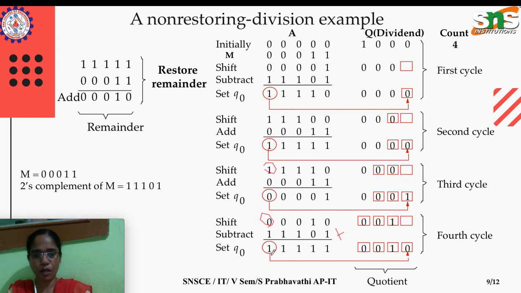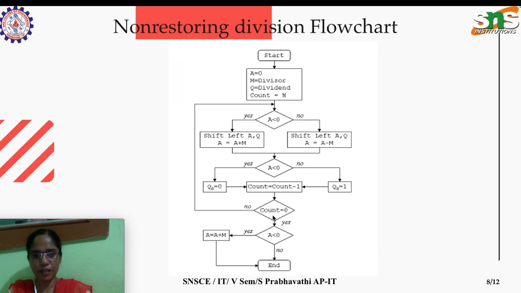Here it is 1, so you put the q naught value to be 0, and we reach the last step. Each time you decrement the count and here the count is 0. So next we should not shift, instead you need to check the accumulator value at the last step. Since we have reached count 0, now you need to check whether the accumulator is positive or negative.